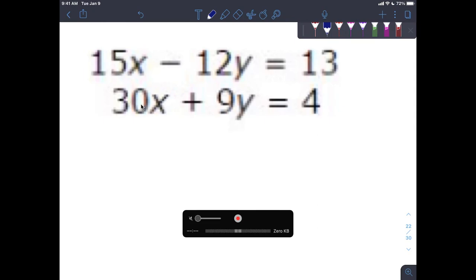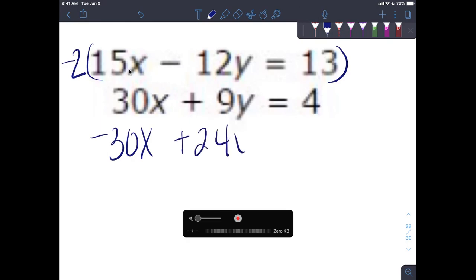Well, 15 times 2 is 30. So if I multiply it by negative 2, it'll be negative 30 and I can cancel. So I'll go ahead and do that. Negative 2. So negative 30x plus 24y equals negative 26. Now I can go ahead and add my new equation with the second original equation. Cancel.